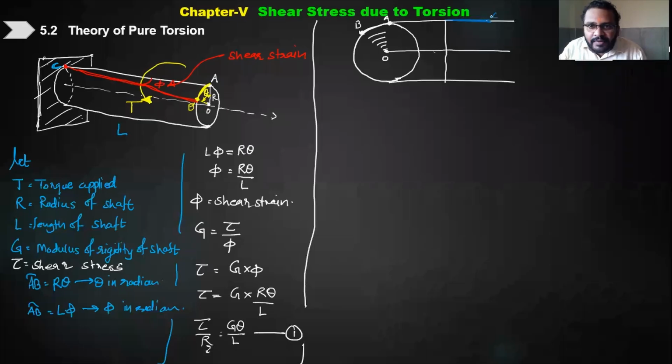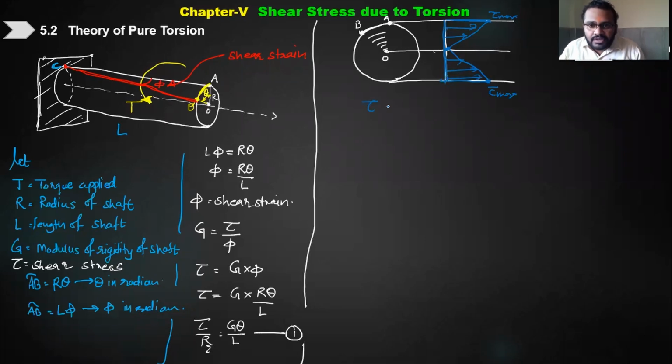It is going to be tau maximum on the outermost. It will be 0 at the center, and again it will be maximum on this side, tau maximum, and both sides it is positive. So the shear stress distribution due to torsion will be like this. Are you understanding it? The variation. Have you understood why this happens?